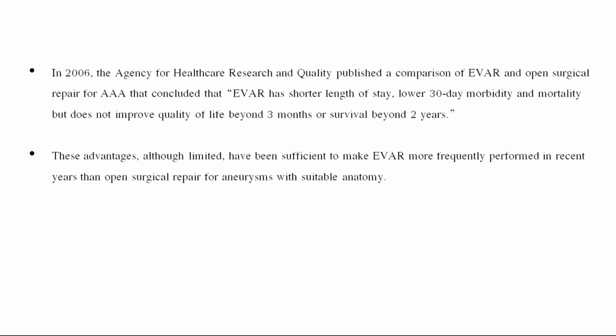So these advantages, although limited, have been sufficient to make endovascular repair more frequently performed in recent years than open surgical repair for aneurysms with suitable anatomy, for shorter length of stay and lower 30-day morbidity and mortality. So these are the advantages over the open surgical repair.